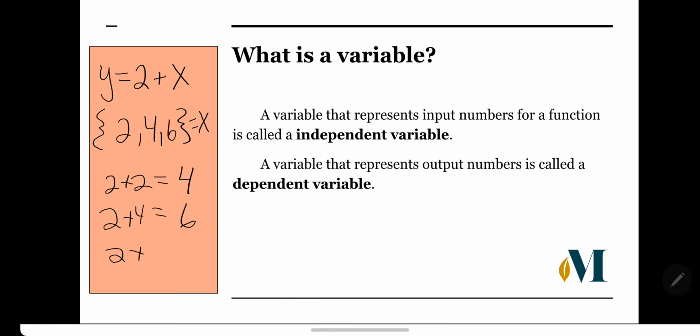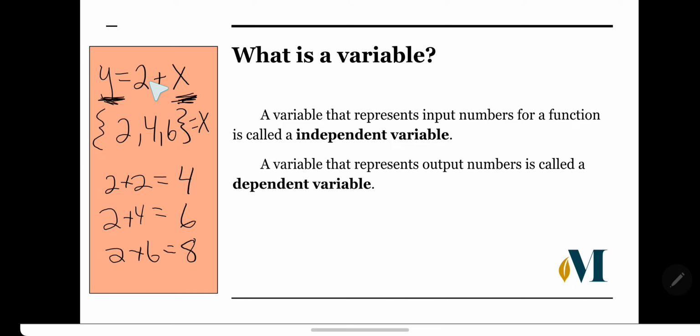And if I have 2 plus 6, that gives me 8. But variables are letters, and that's really the gist here. The variables are x and y. My independent variable here is x, and my dependent variable is y.